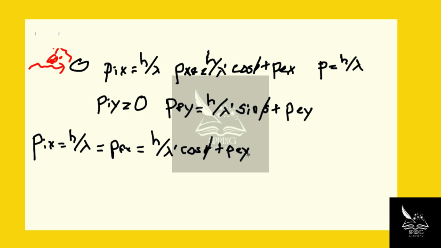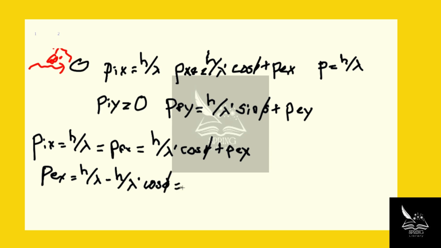So we can rearrange this equation to solve for the x momentum of the electron after scattering. We get P e x is h over lambda minus h over lambda prime times cosine phi.